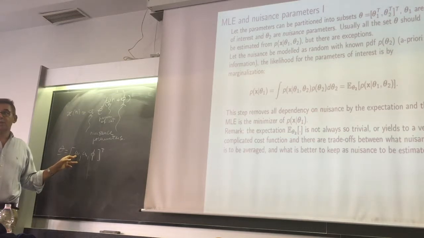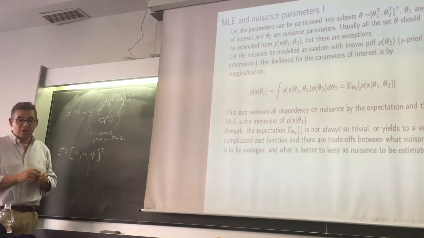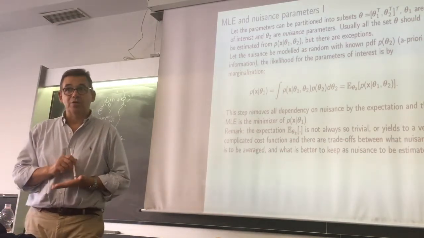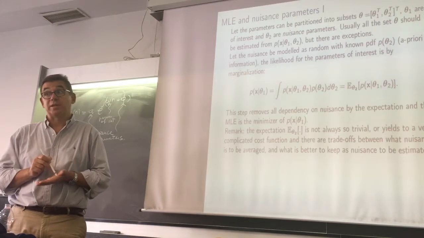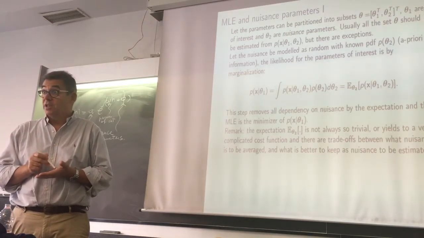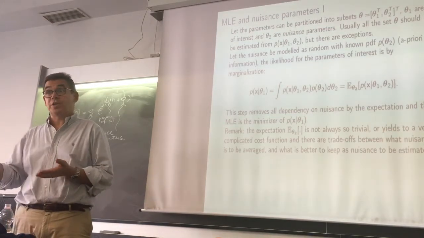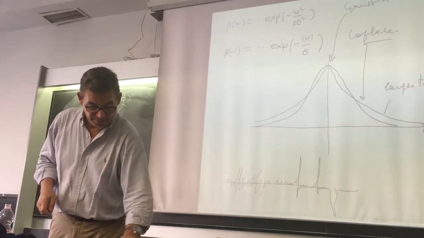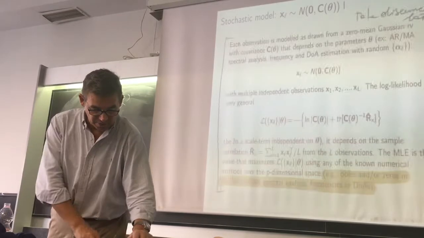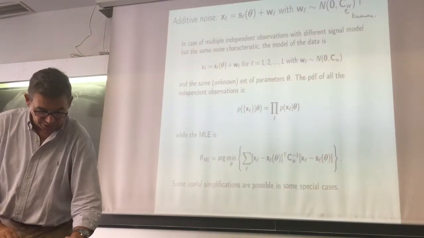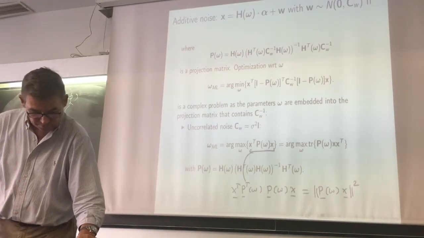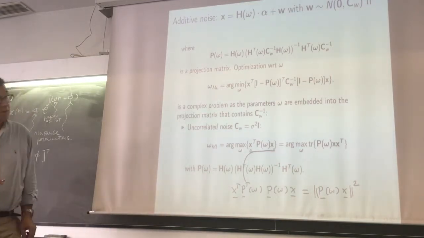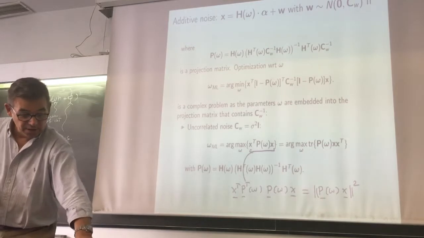Now, it is not that strange. Because remember, when I was estimating the frequency, I came out to have a projector, and the projector was dependent on frequency only. So in that case, I remove the dependency on amplitude and phase. Well, let me go back.